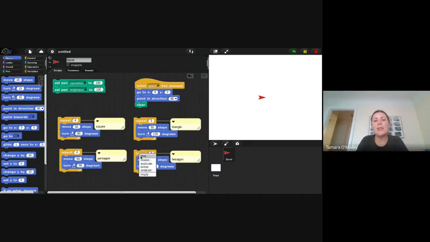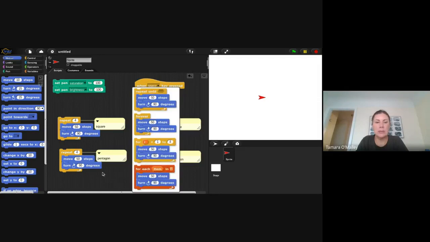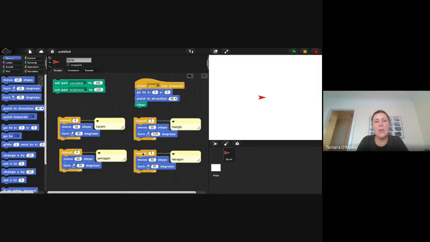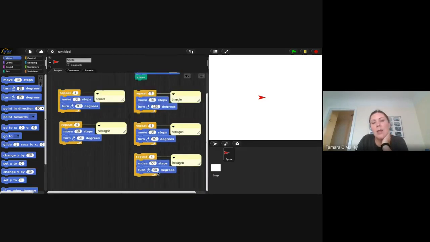I'm not going to do a 7-sided figure because 7 actually is a decimal number, so it's hard to get it perfect. But we can do an octagon. And let's also do, what's a 10?